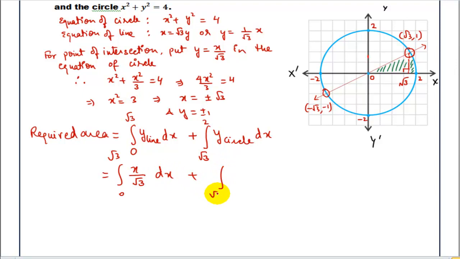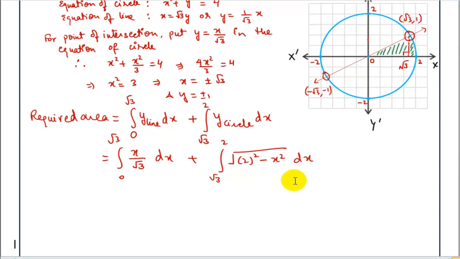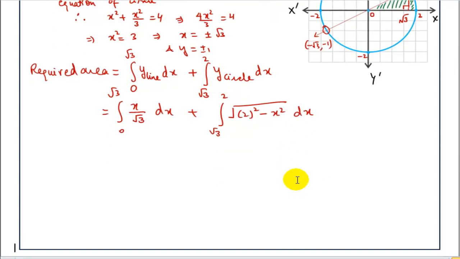Then in the later part, which is from root 3 to 2, if we look at the circle, we can write y square as 4 minus x square. Then y will become square root of 4 minus x square. So 4 can be written as square of 2, then minus x square dx. So we need to integrate these two, and then we have to apply the limits. So integrating both, first over here 1 by root 3 we can write outside, and then we are integrating x whose integral is x square by 2.